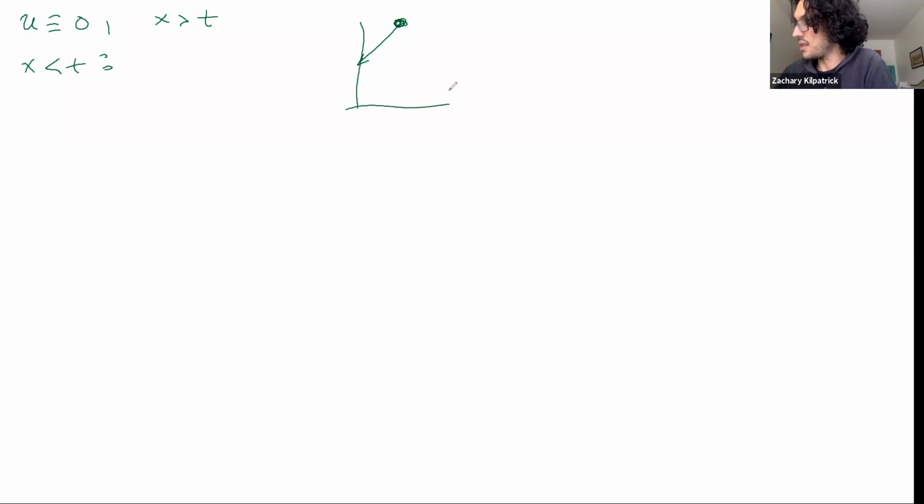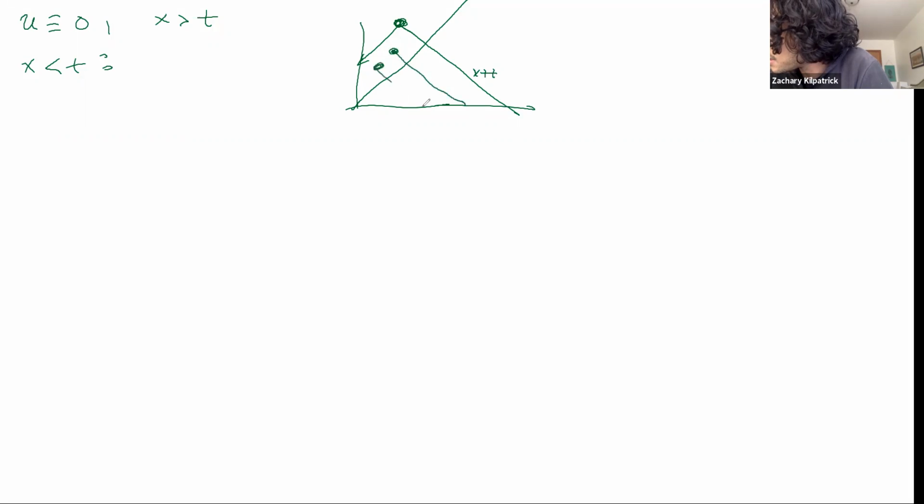If you're in this region here, you know that you have a characteristic that flows to the left, which would be the x plus t characteristic. So you know that that's always going to access data that is 0 in this region.